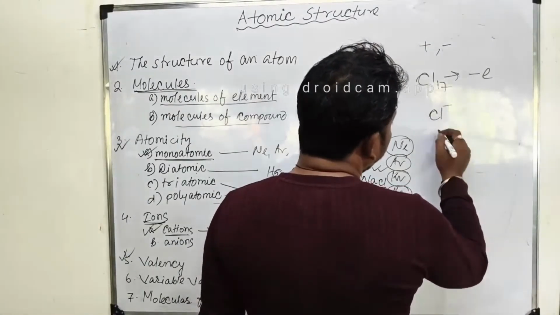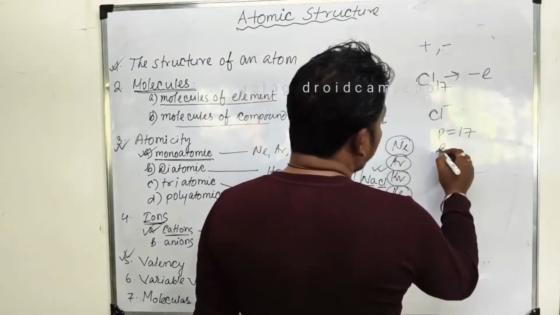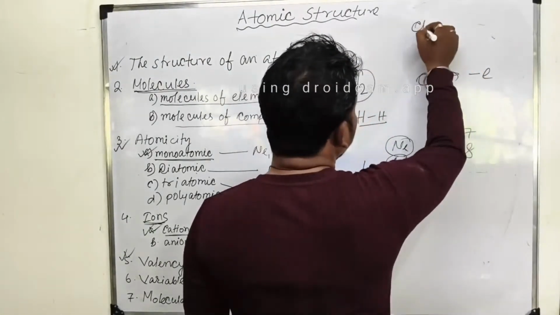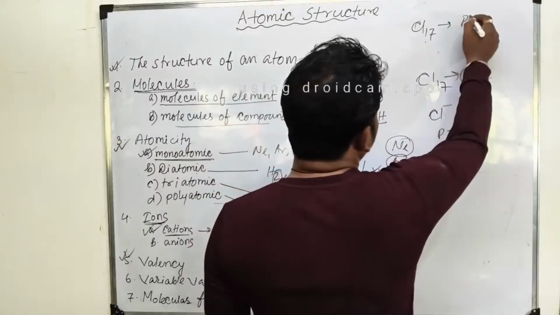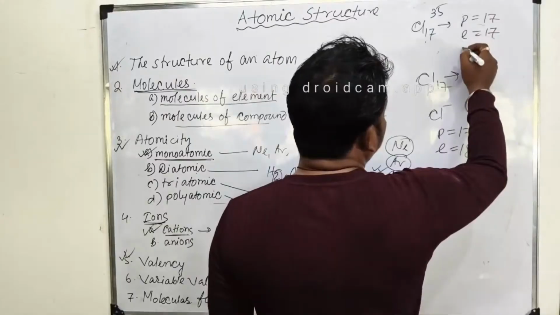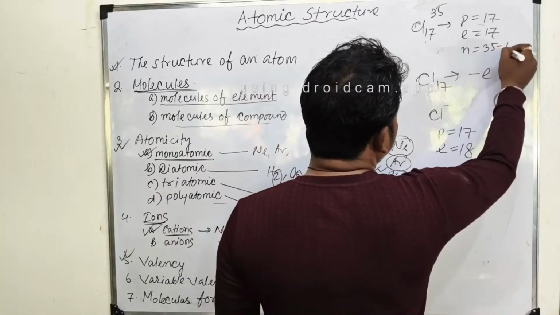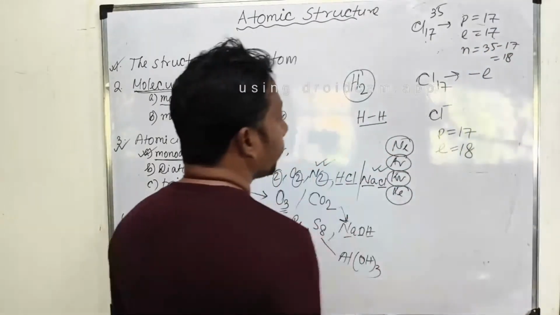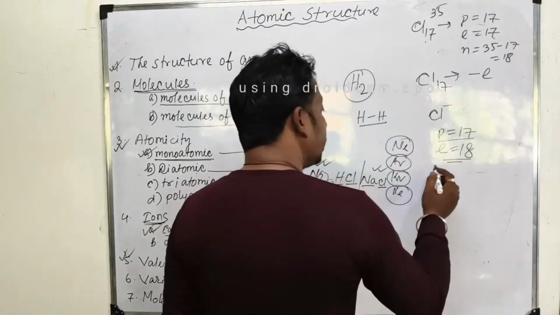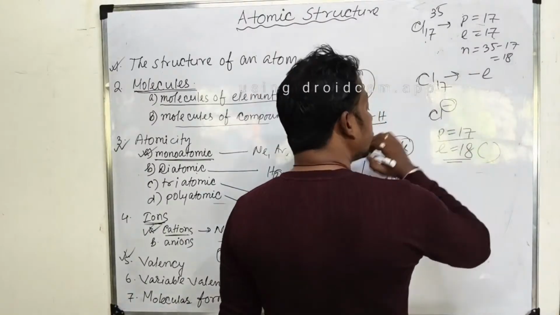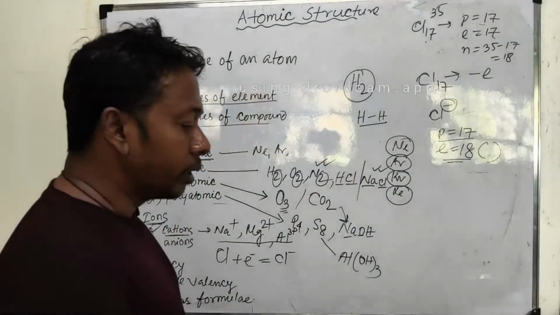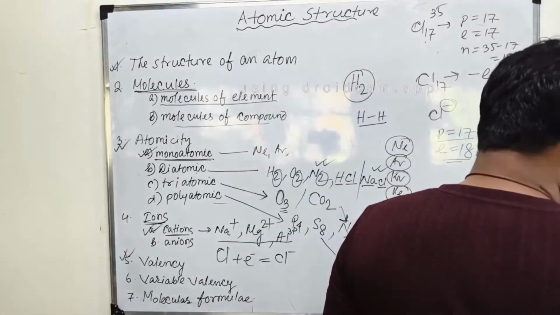Now chlorine minus has proton value 17, electron value 18. In normal chlorine, proton is 17, electron is 17, and mass number 35, so neutron is 35 minus 17, that is 18. But here, proton is 17, but electron is 18. This one extra electron makes it a negatively charged particle, or anion.